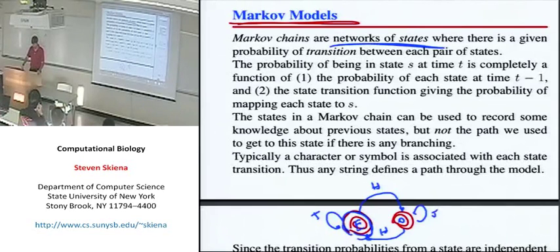Okay? If I assign probabilities to these transitions, I can start to figure out the probability of being in a particular state. Suppose I use a loaded coin, where heads is 70% and tails is 30%.